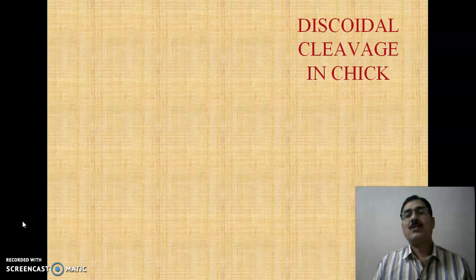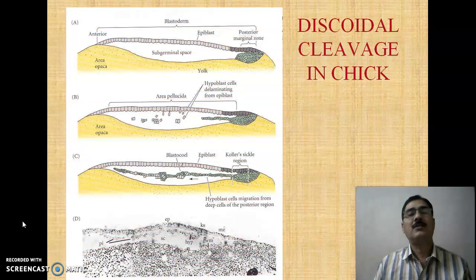Now let us discuss the discoidal cleavage which is taking place in a bird. Let us take the example of a chick. In the case of chick, as you can see, there is presence of a blastoderm with two clear-cut marginal zones, the anterior and the posterior.